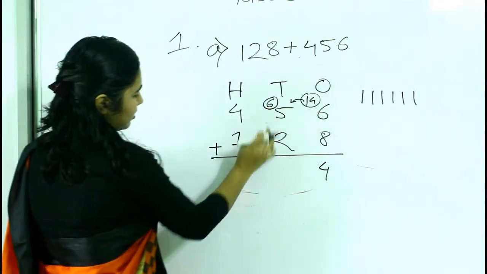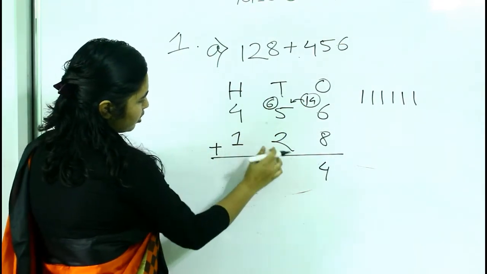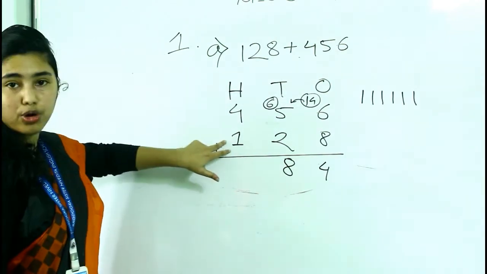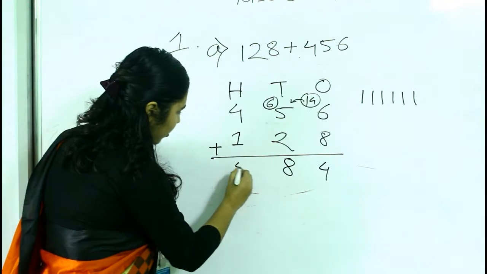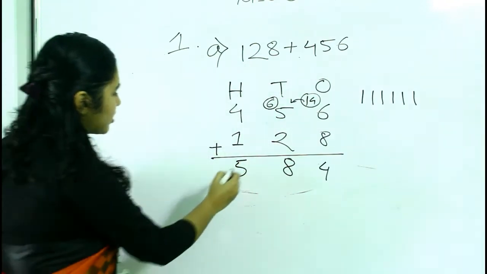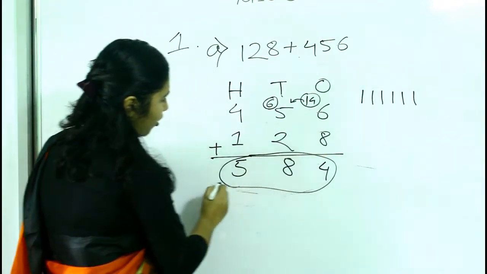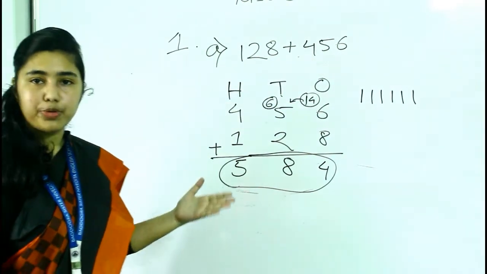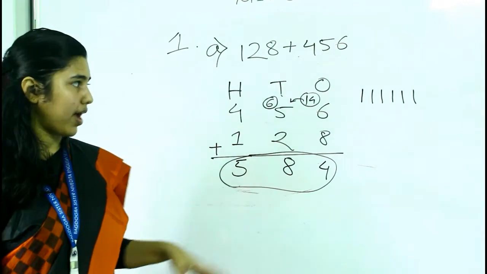We will get 6. Now add this 6 with 2, which is 8, and then add 4 with 1. We will get 5. So this is our sum of these two numbers. Next we have to write two subtraction facts.